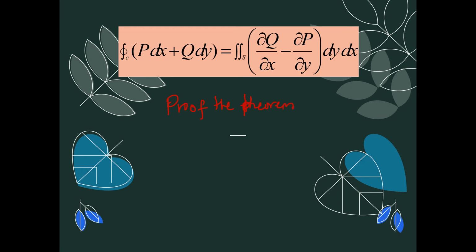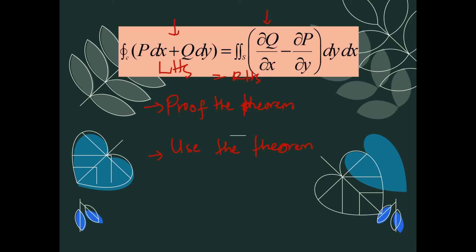You have to show that the left hand side is equivalent to the right hand side. You have to solve both sides, and make sure your answers for the left hand side and right hand side are the same. Sometimes a question can also ask you to use the theorem, which means you have to do either the left hand side or the right hand side.